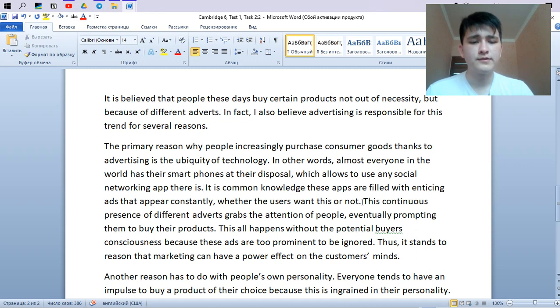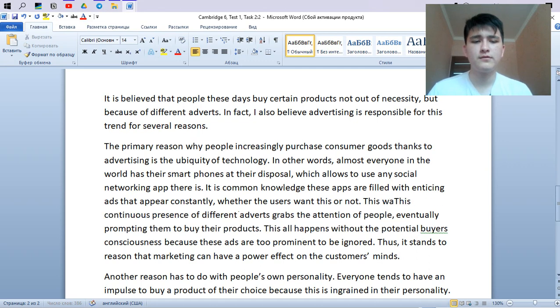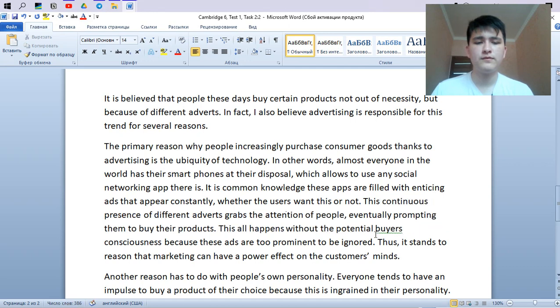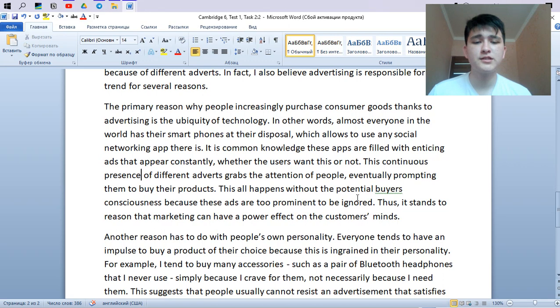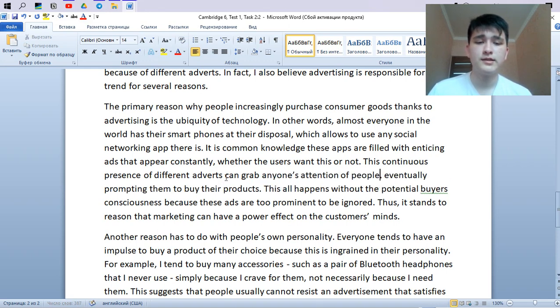So this continuous presence of different adverts can grab anyone's attention, eventually prompting them to buy their products.